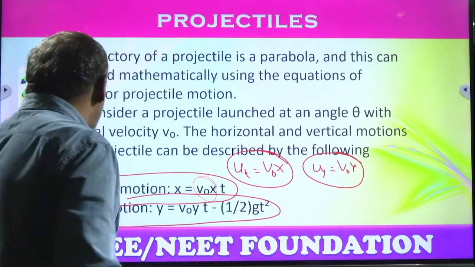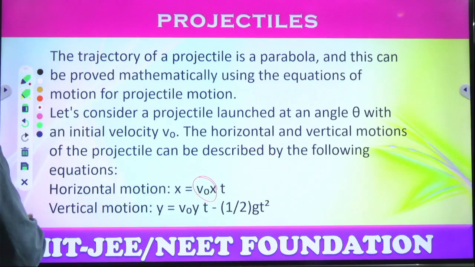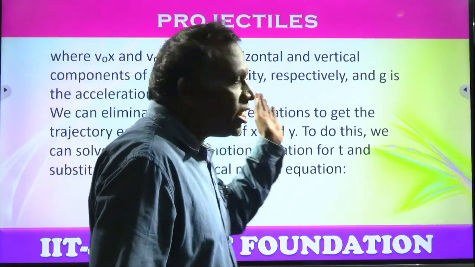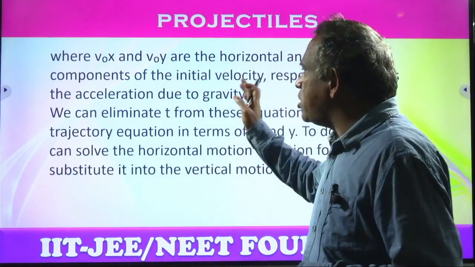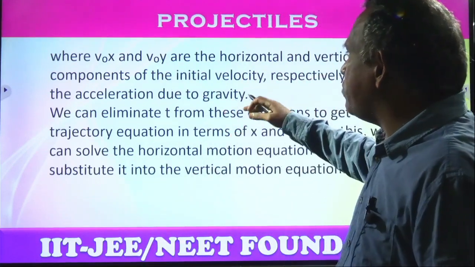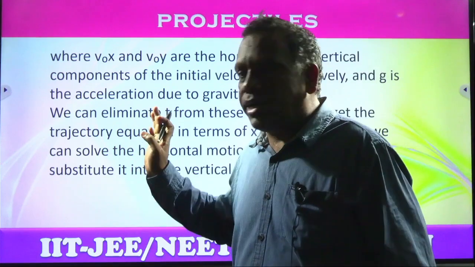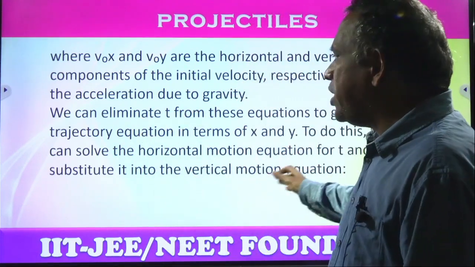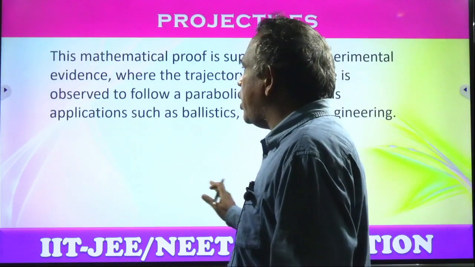Coming to the next slide, v naught x and v naught y are the horizontal and vertical components of the initial velocity. We can calculate the x and y distances by substituting the values.